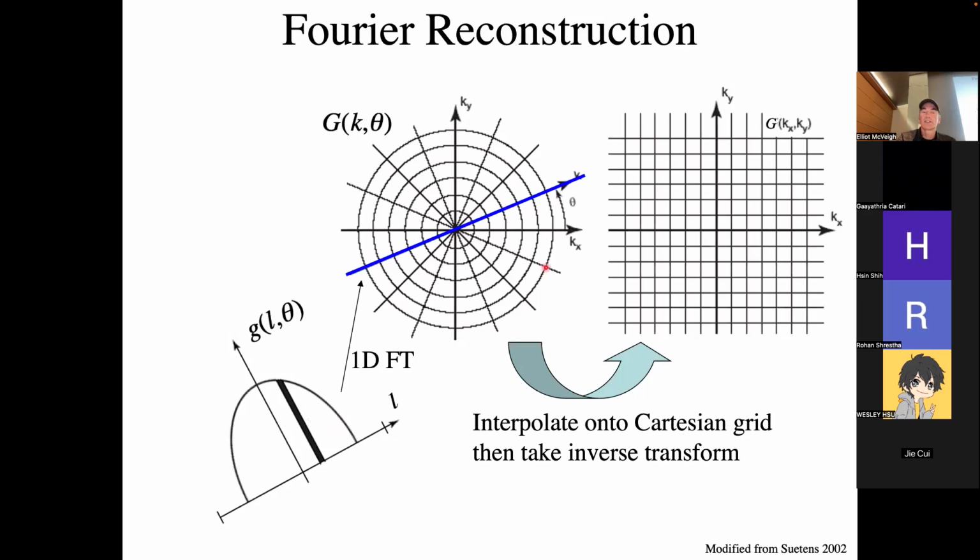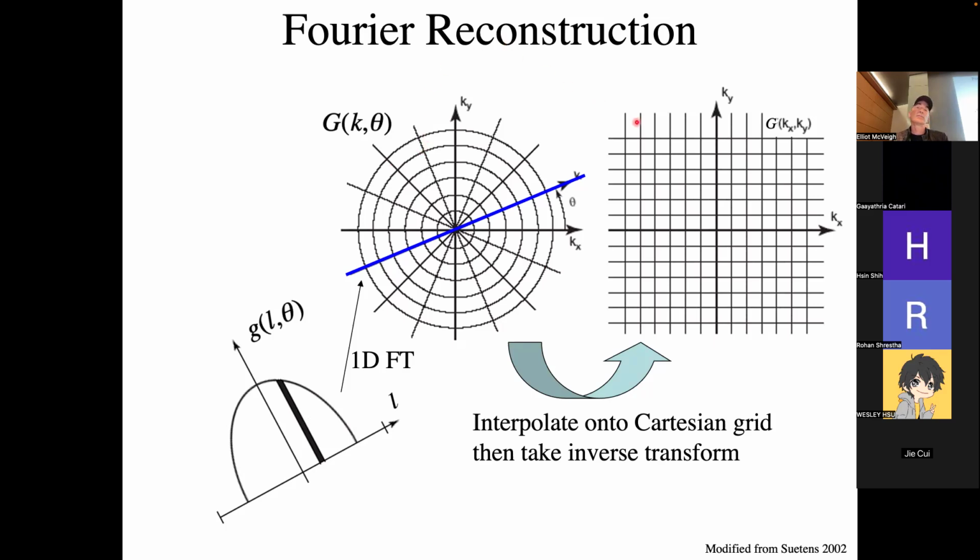Some of you, jumping ahead in your brain, might say: I've got g(L, theta) and a set of these measured at different thetas. I'll take each one and take its Fourier transform, and it will map a line through the Fourier transform of my object. If I do that for a lot of different angles, I have basically a polar coordinate sampling of that Fourier transform.